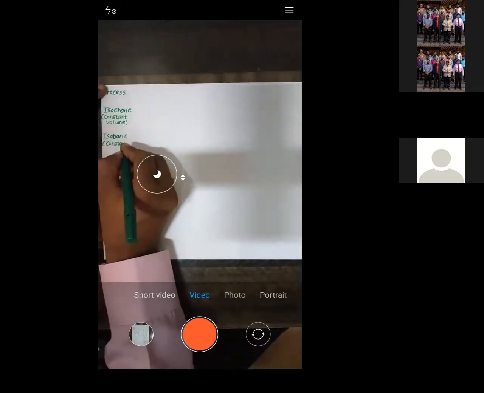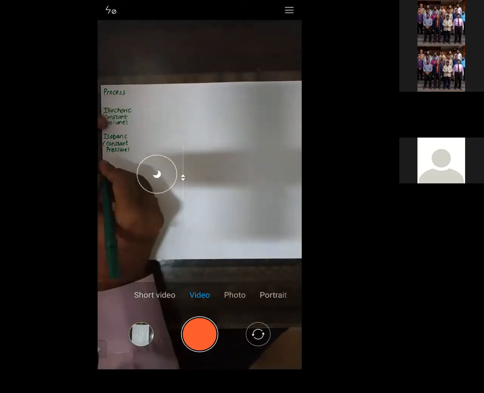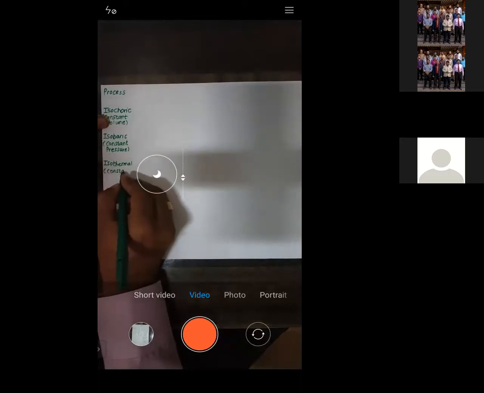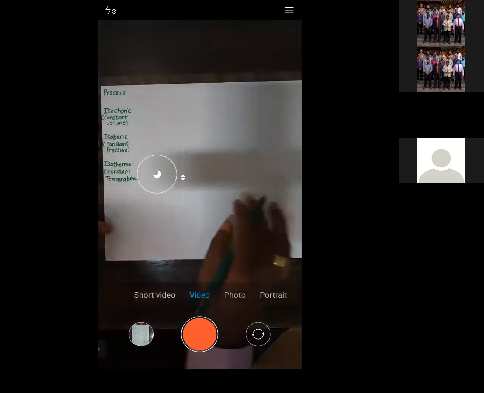Let us take the next process, isobaric. Isobaric is nothing but constant pressure. Let's take the third process, isothermal, which is nothing but constant temperature, right?